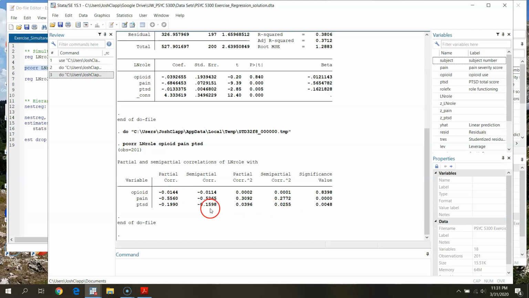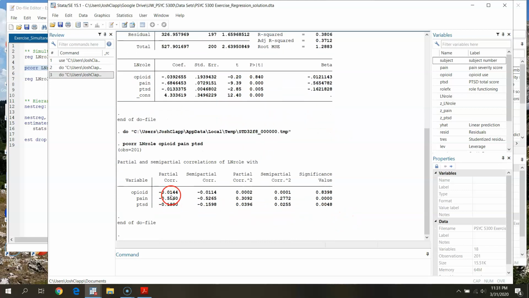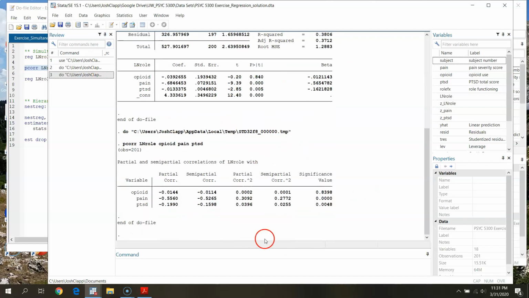And then opiate use, we probably wouldn't make much of an interpretation on opiate use because we don't have clear evidence, actually very, very little evidence given our value here, that it is anything different than 0. So we probably wouldn't make too much of an interpretation there. So here we have our output. Here we have our effect sizes.